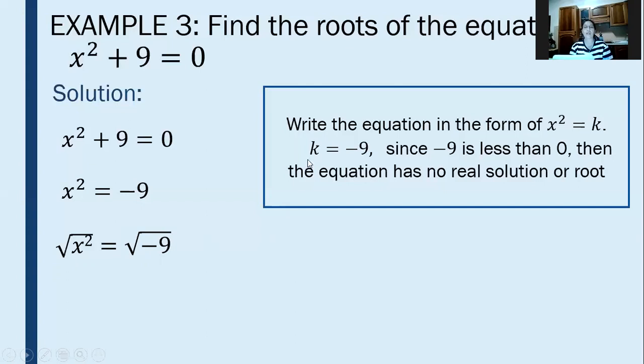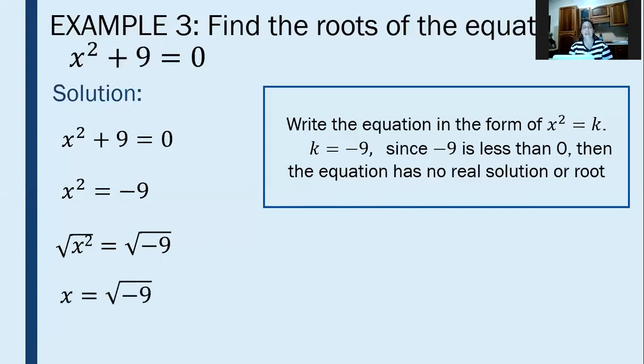Again, k here is negative 9, as you notice. Since k is less than 0, the equation has no real solution or root. The third property is applied here. Okay?